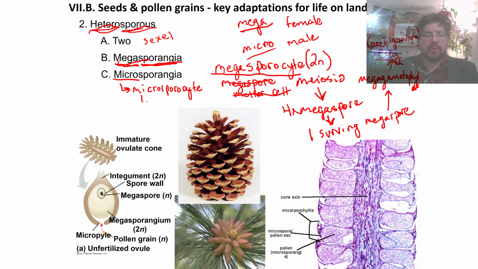And the microsporocyte undergoes meiosis to get us 4 microspores. Now, all 4 of these survive, right? All 4 microspores survive. And within this structure, we get the microgametophyte.